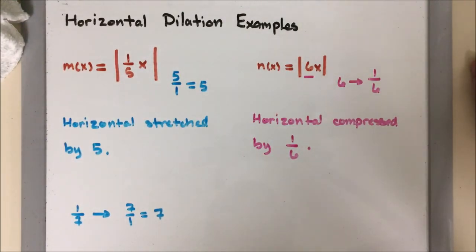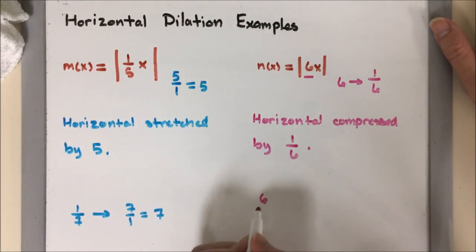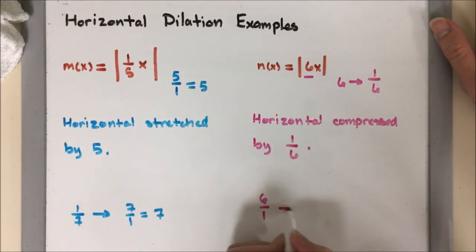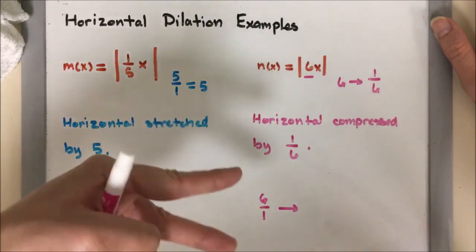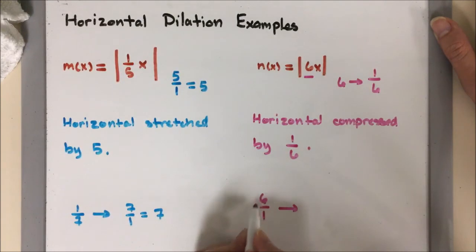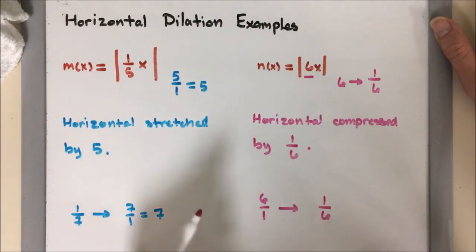You're just going to put a 1 over it to make it a fraction. Now, if you were to convert 6 into a fraction, you put 1 underneath. And if you were to do the reciprocal, and reciprocal means you flip it, so flipping 6 over 1, the reciprocal will be 1 over 6.